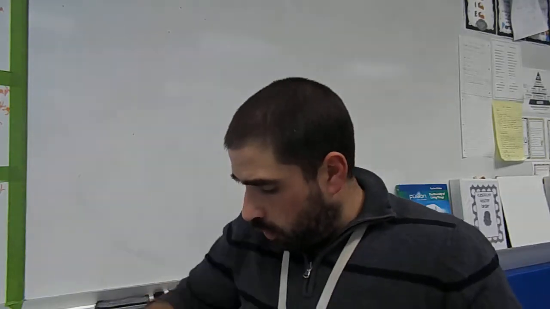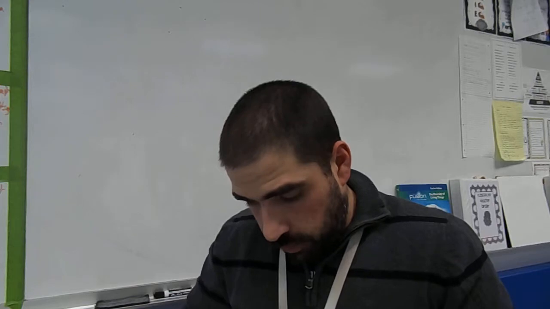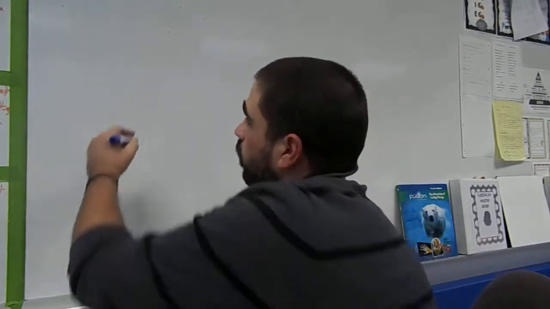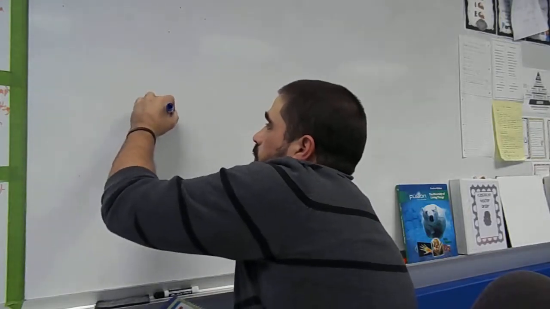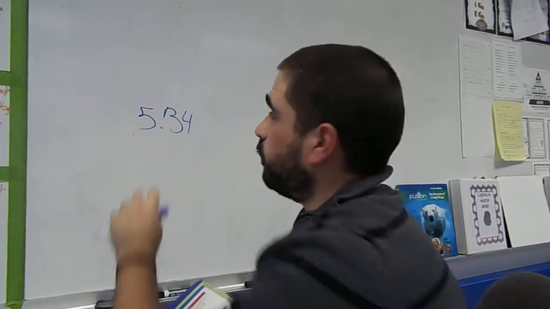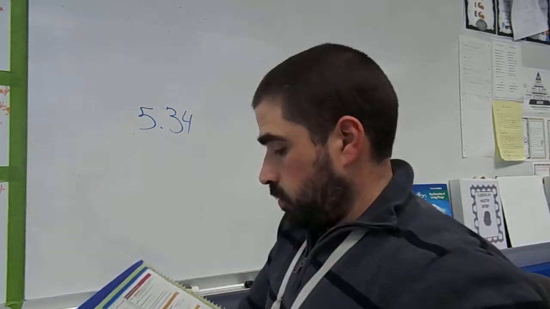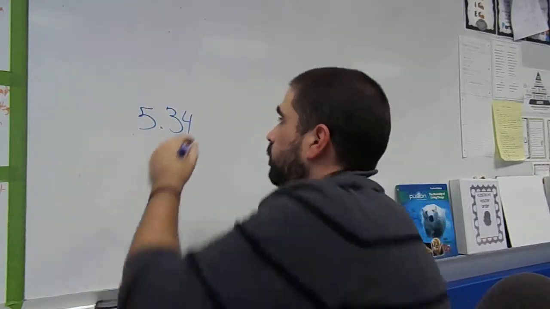All right, I want you guys to go over to page 52 and look at number 1. It says write each number in standard form. I see 5.34 times 10 to the 4th.